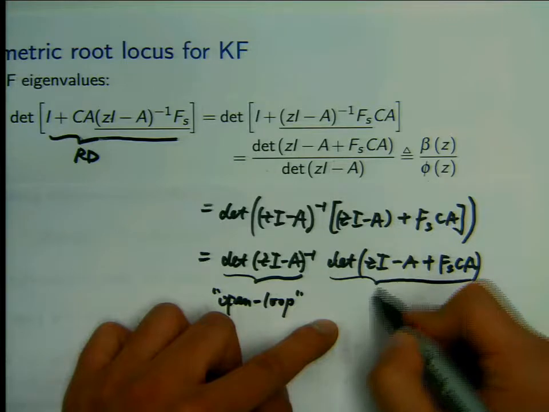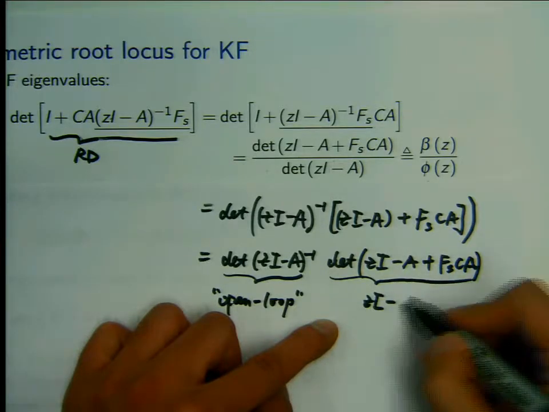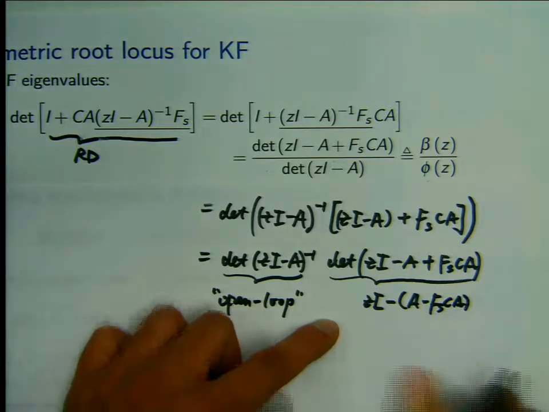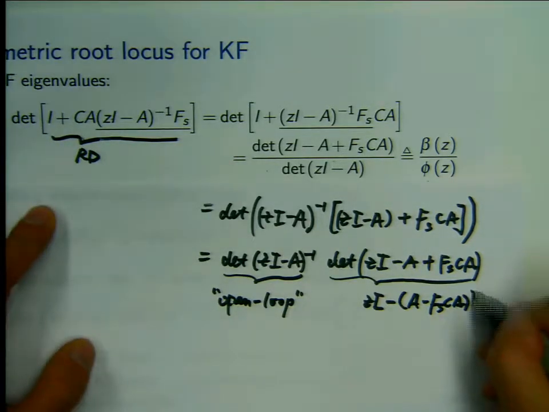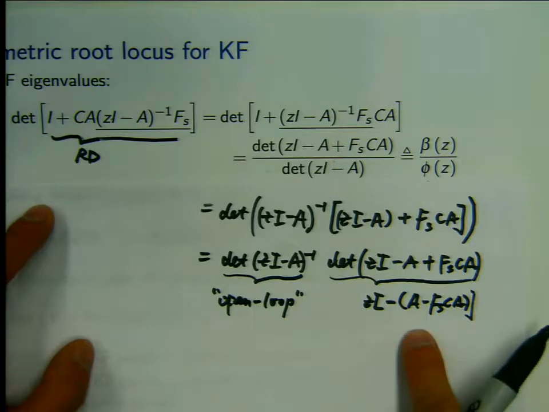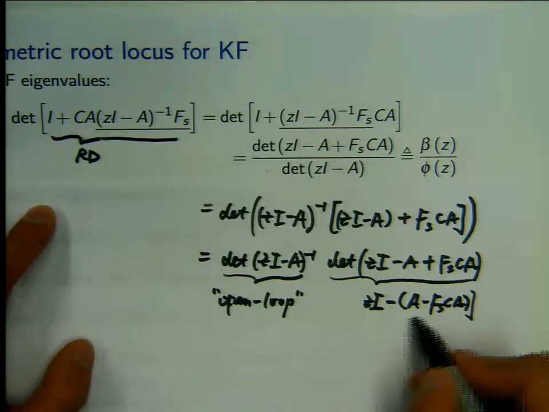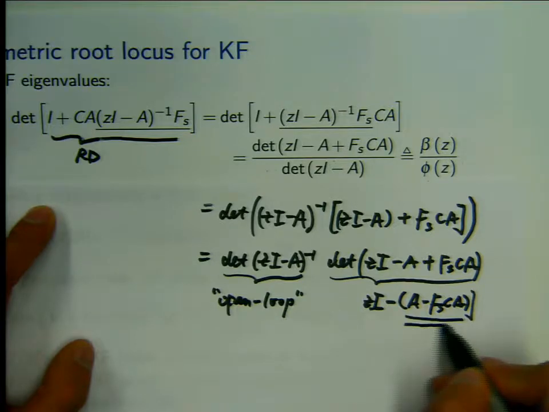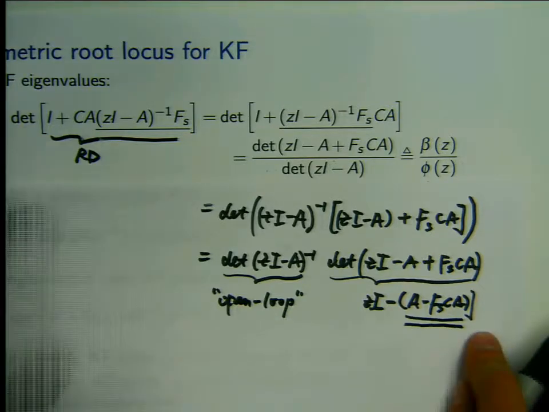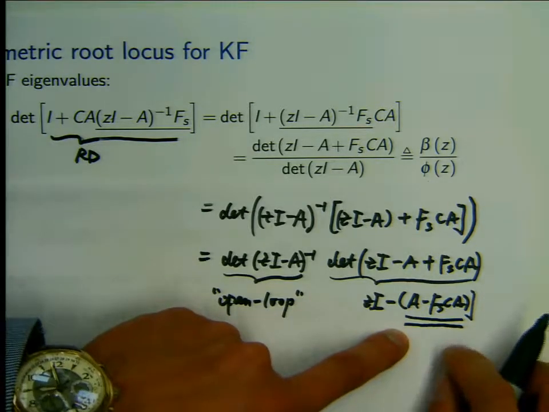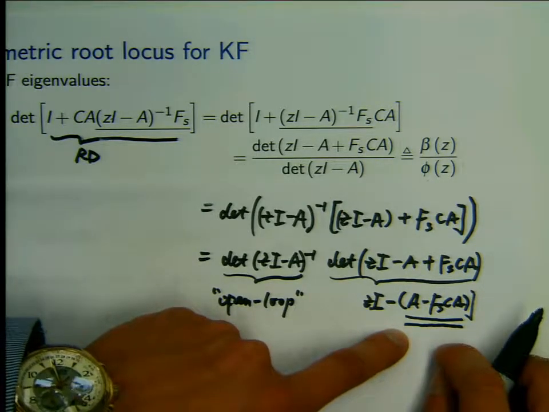Inside is zI minus A minus FSCA. Okay? It's giving us the eigenvalues of this matrix. And if you go several slides earlier, this is the Kalman filter closed loop A matrix.